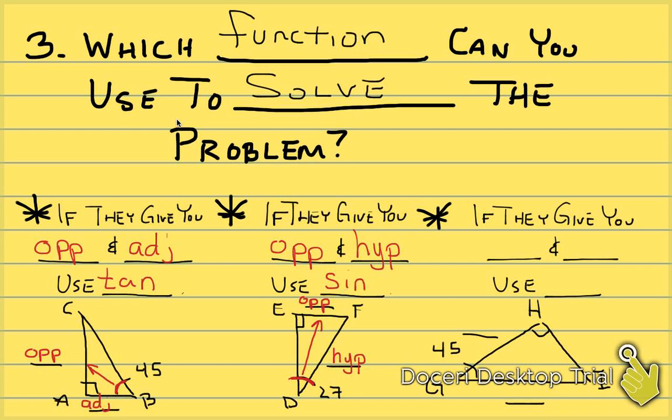And the last one, our angle, they give us the side right next to it, which is adjacent, and again the hypotenuse. If they give you adjacent and hypotenuse, you want to use cosine, because that is CAH. Cosine is adjacent and hypotenuse.